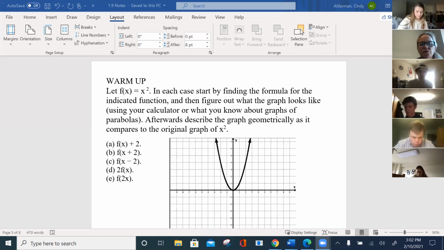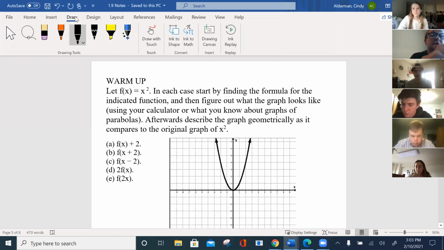Okay, so what I'm asking you to do here is just use some of the things that you know about moving a graph around the coordinate plane. And I'm going to give you a hint. I just want you to think of where these graphs might be. So here's my hint.